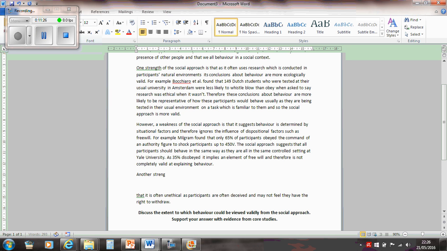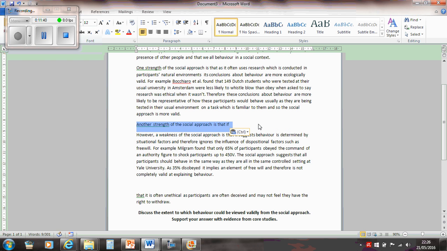Another strength of the social approach is that, actually that should go before that one, because I'm going to say that if you know that it's due to situational reasons, you can have practical applications.